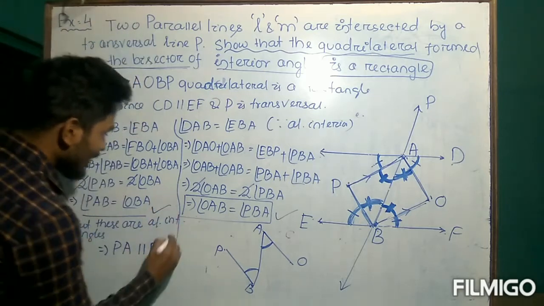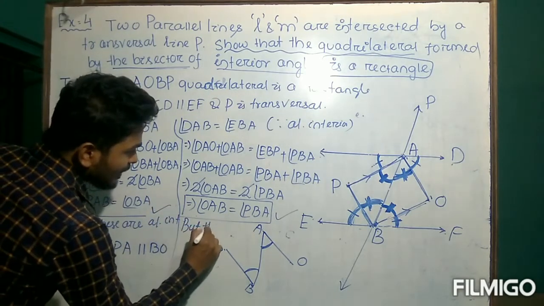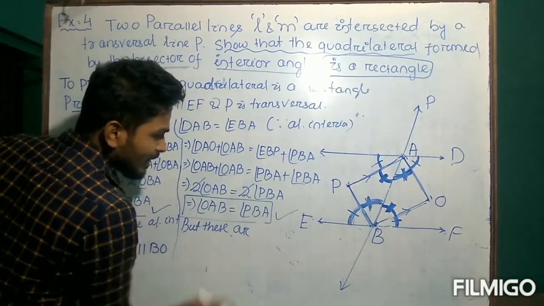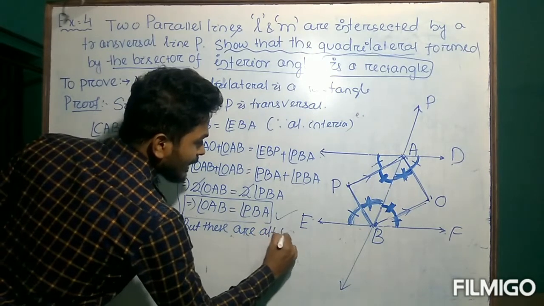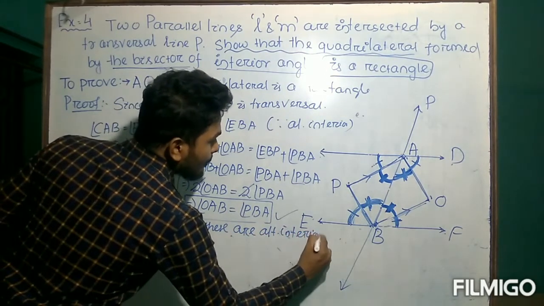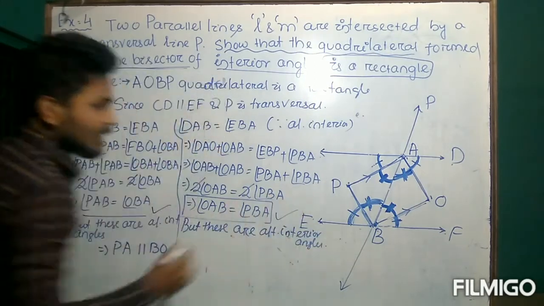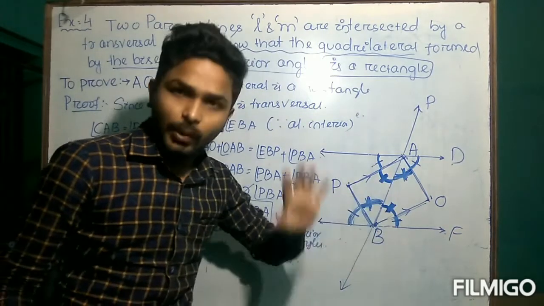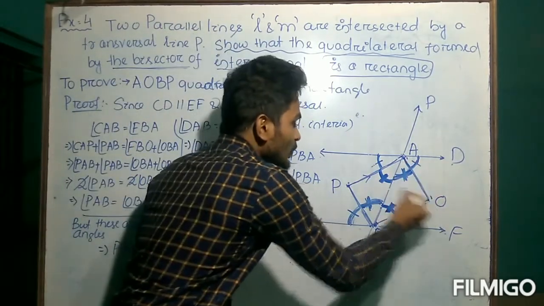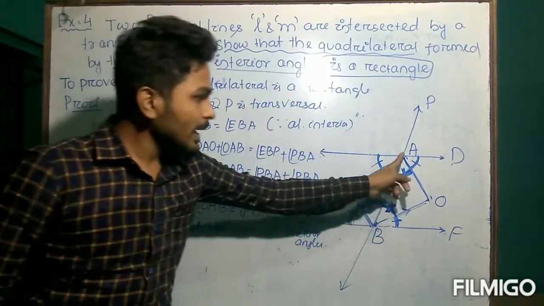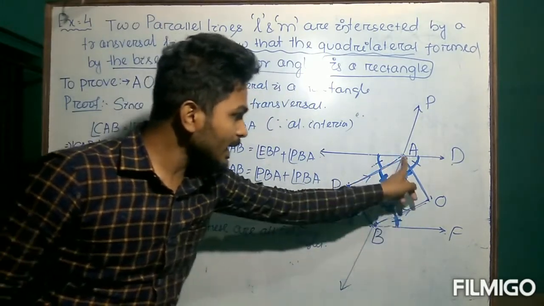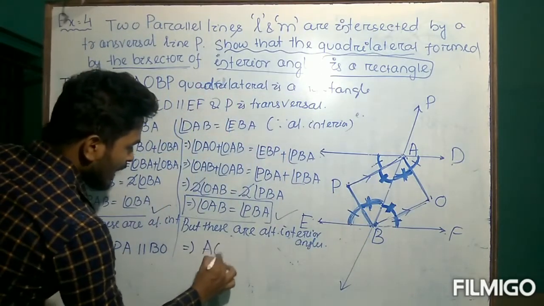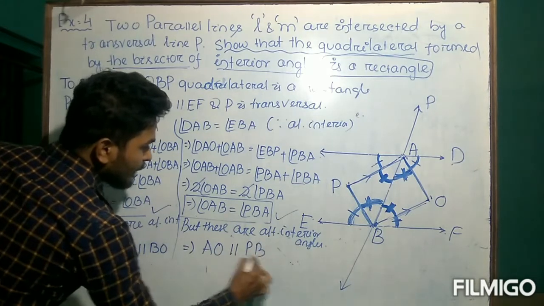So you can write, but these are alternate interior angles. Is it clear? Since these two are alternate interior angles and they are also equal, we can write that these two lines are parallel. As we have considered AO and PB lines, we can write AO is parallel to PB.